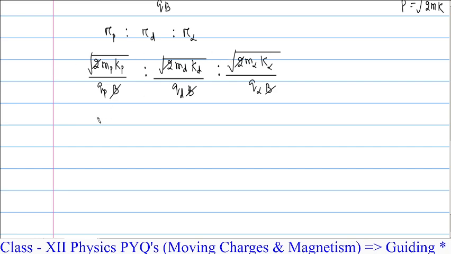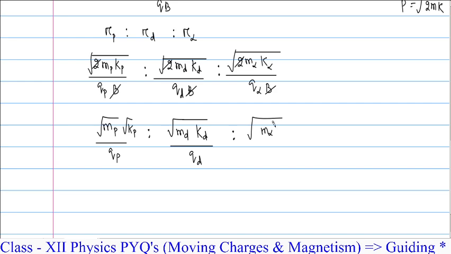So finally the remaining part is root of mp Kp divided by qp, is to root of md Kd divided by qd, is to root of m alpha K alpha divided by q alpha. So we'll put in the values over here.